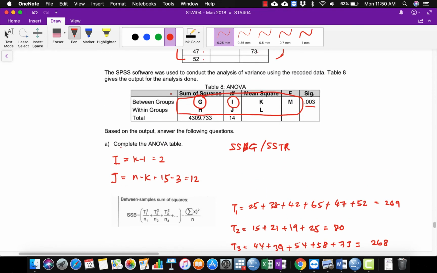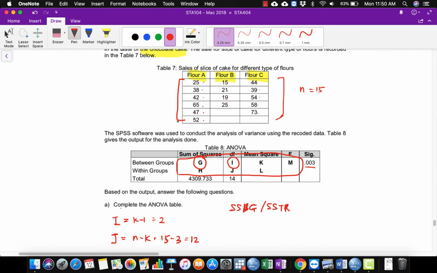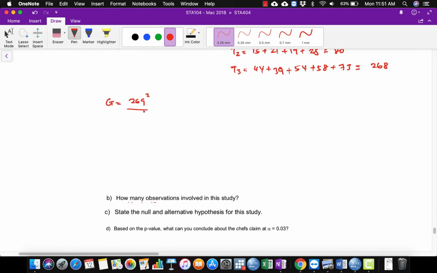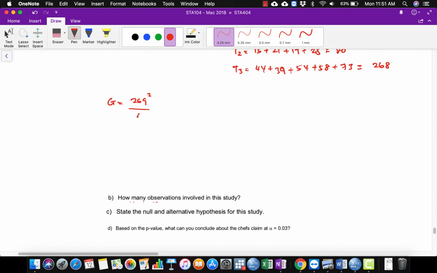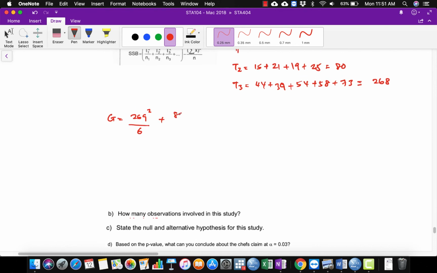N1 equal to 6, N2 equal to 4, N3 equal to 5, right? Plus 80 to the power of 2 divided by 4 plus 268 to the power of 2 divided by 5.